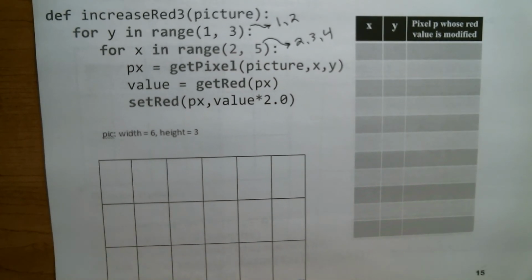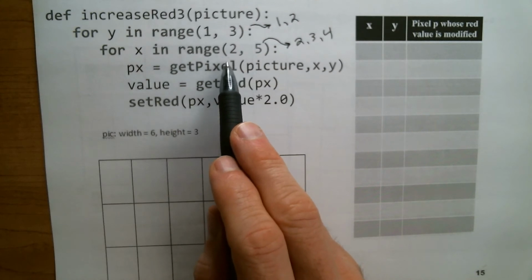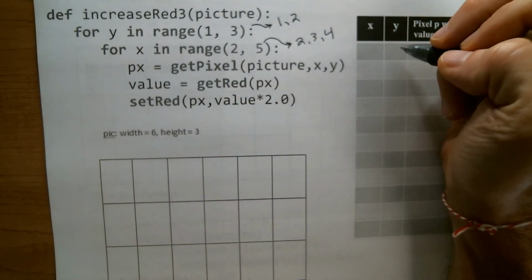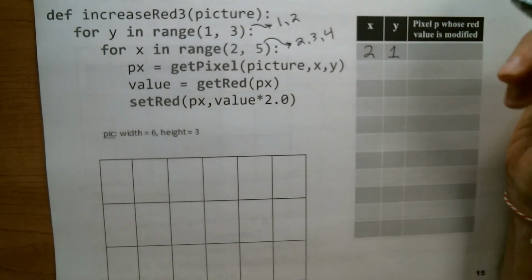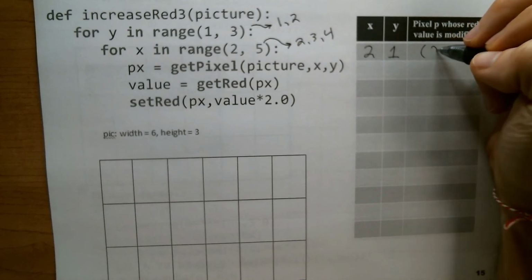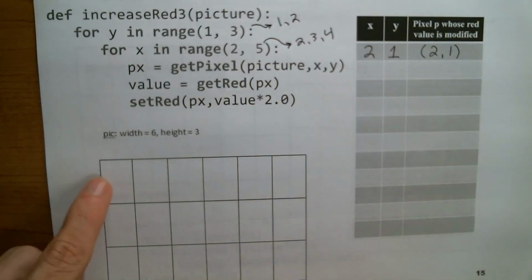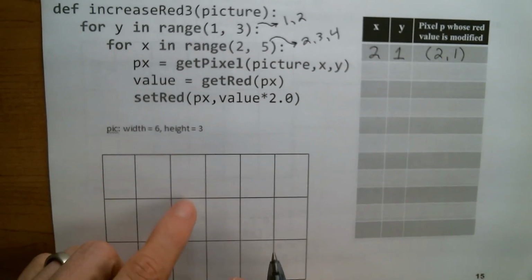You do have to be a little careful here because notice this time I'm putting my y as my outer loop, and I'm putting my x as the inner loop. At the very start, y is 1, x is 2, so I'm placing something at coordinate 2, 1. If this is 0, 0, this is 1, this is 2. If this is 0, this is 1.